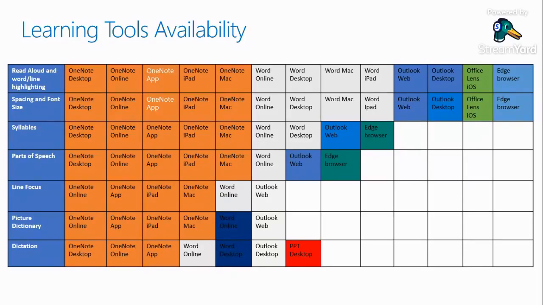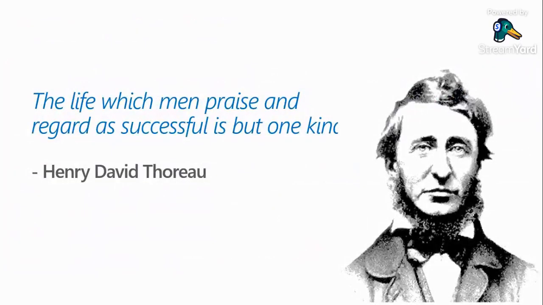Same with line focus, mostly OneNote and Word Online only, and Outlook Web. But for the others, the read aloud and word or line highlighting, as well as space and font text, font size, you can access it on almost all the Microsoft tools on any platform.